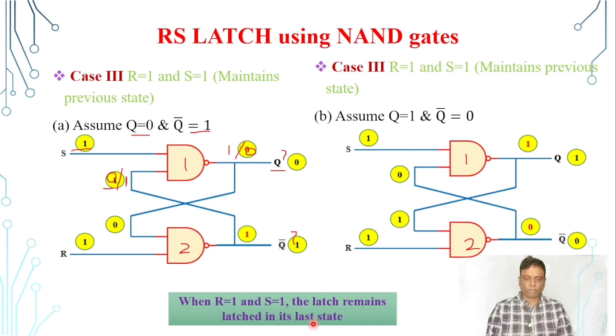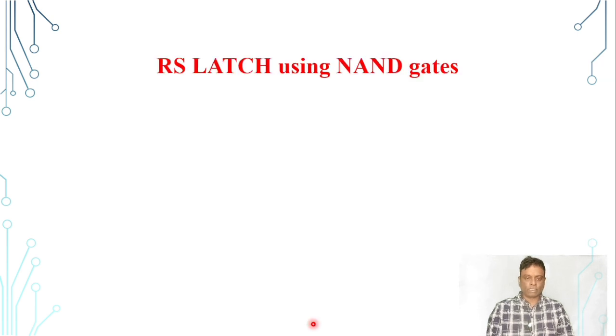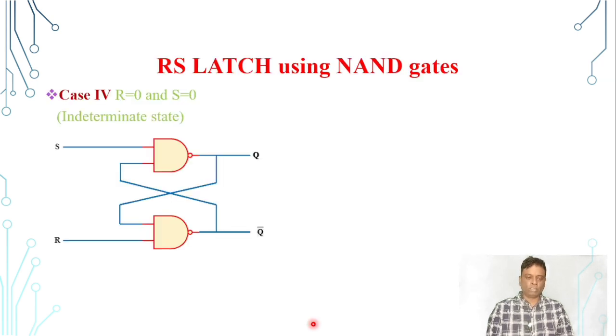So let us see our last case, when both the inputs are 0, 0. Now both NAND gates have the inputs 0 and 0. If any input of a NAND gate is 0, it forces the output to be logic 1 immediately. That is why Q and Q complement both are 1, 1.